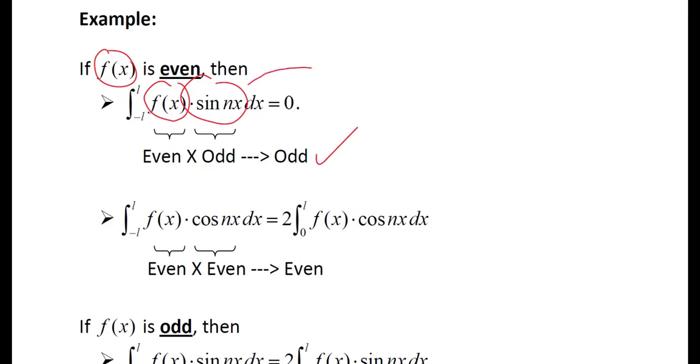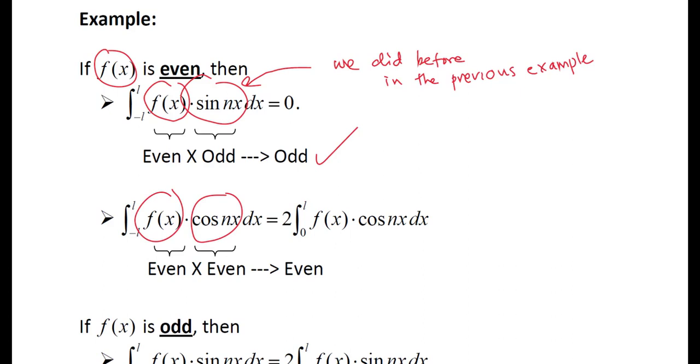Okay, you have to remember this, we did before in the previous example. Okay, next example is f(x) even function multiply with cos nx, which is even function. So even multiply with even function, you will get even function. Okay, so you have to know this one.